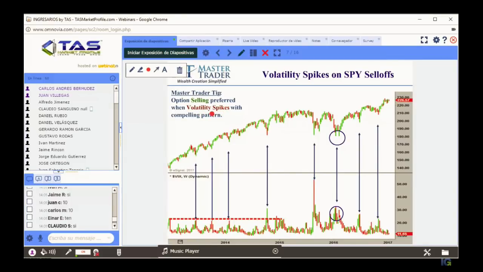So the seminar will show you exactly how to use high volatility and low volatility in your favor as an option buyer or seller, and then obviously the patterns of how we trade the different option strategies surrounding those setups.